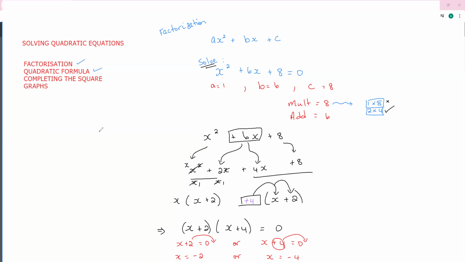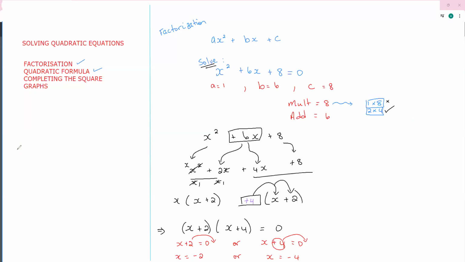Now, it's important to note that not all quadratics can be factorized, right? Not all quadratics can be factorized. So if you find yourself having too much trouble to get two numbers to expand the middle term, maybe it cannot be factorized, right?